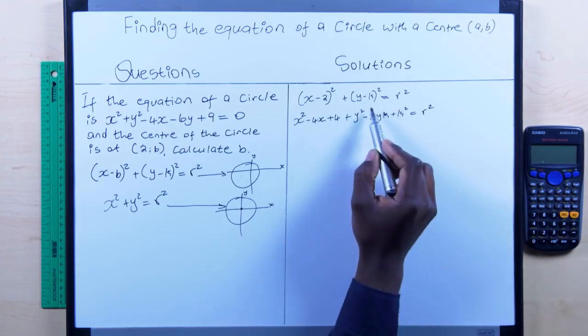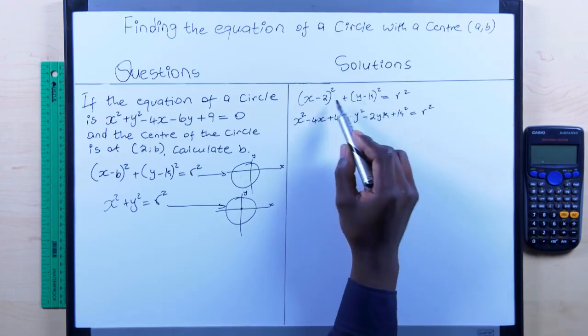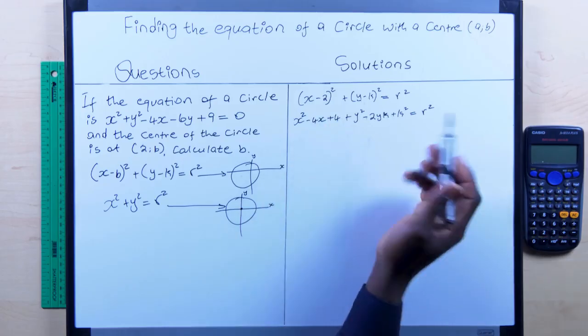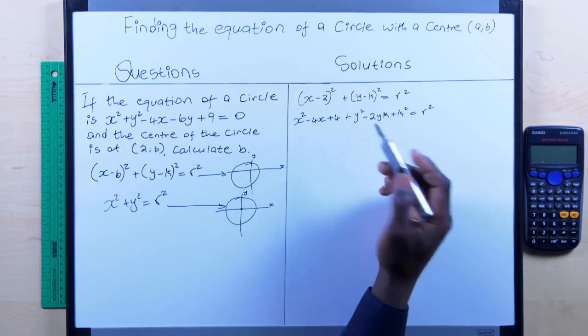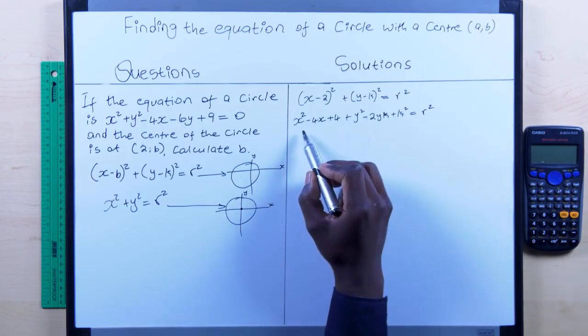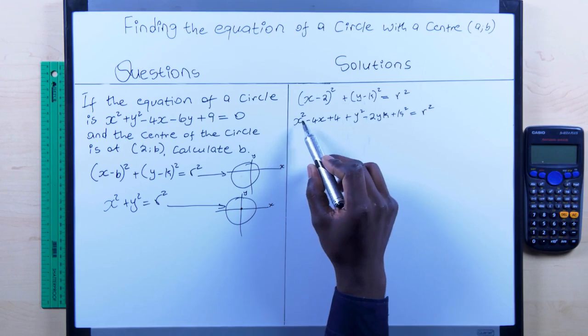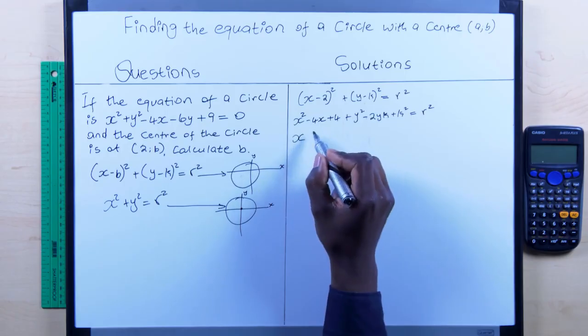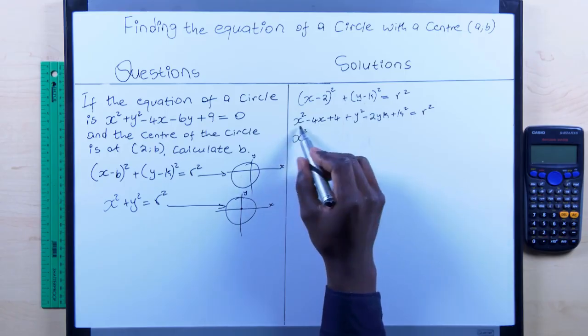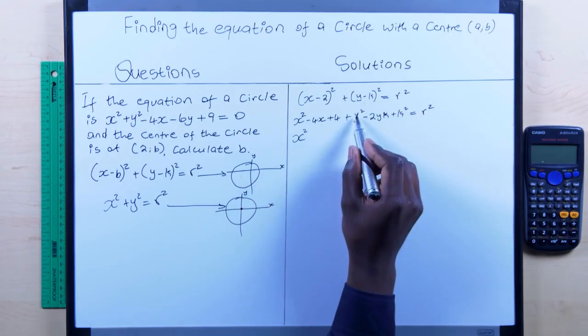So here it's me expanding here, and then here it's me expanding here. The next thing you need to do is rearrange this equation such that your variables are arranged in the degree of their exponents. So x is to the power of 2. Any other variable with the power of 2? Yes, y is.